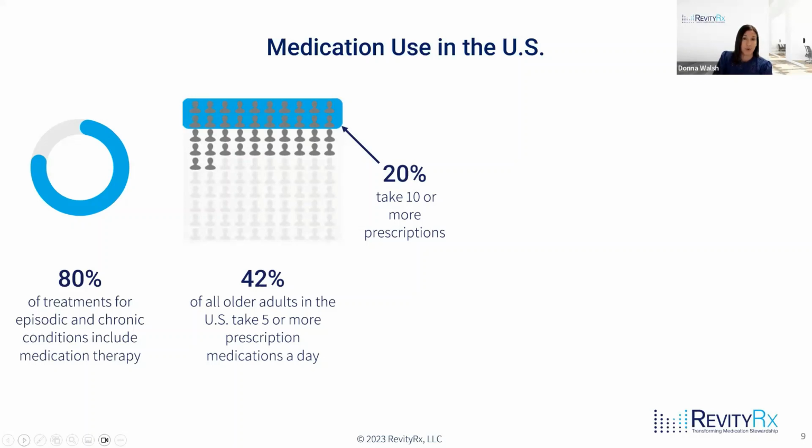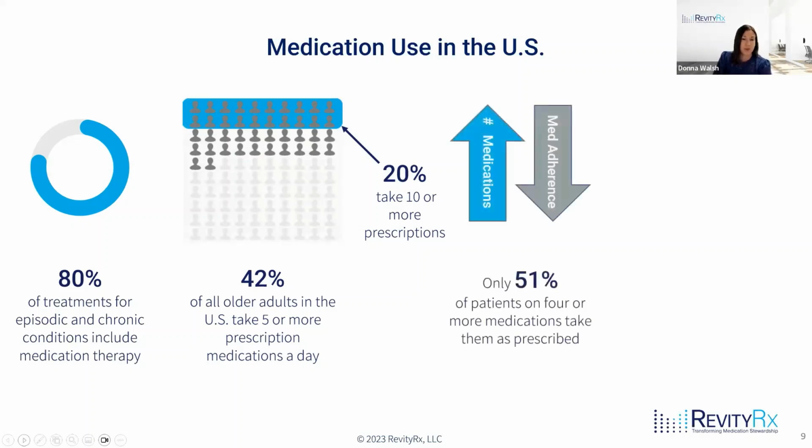And of those older adults, 20% take 10 or more prescriptions. We also know that there's an inverse relationship between patients taking a higher volume of medications and their adherence falling lower. Of patients that take 4 or more medications, only 51% actually take them as prescribed.